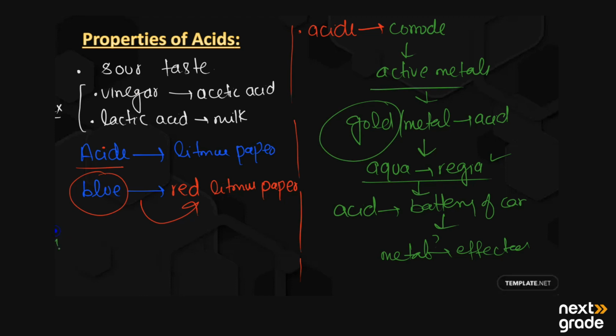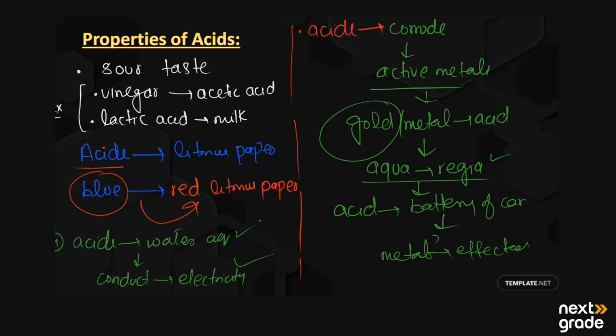Next, the fourth property is that when acids are dissolved in water, or when we take their aqueous solution, they can conduct electricity. So this is the property of acids to conduct electricity in aqueous solution.